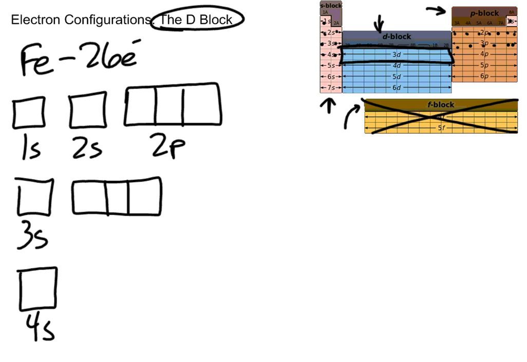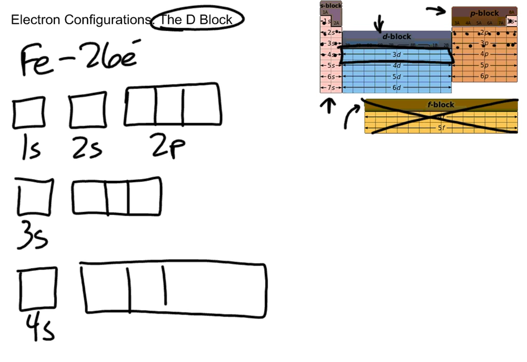Well, the fact is, just because it's found in the 4th row does not indicate that it must be in the 4th principal energy level. In this case, this D orbital is found in the 3rd principal energy level. Now remember, with D orbitals, there are 5 different subshells right here. So this is my 3D.